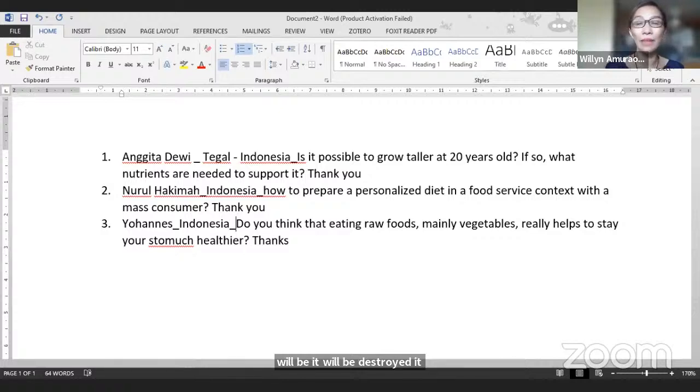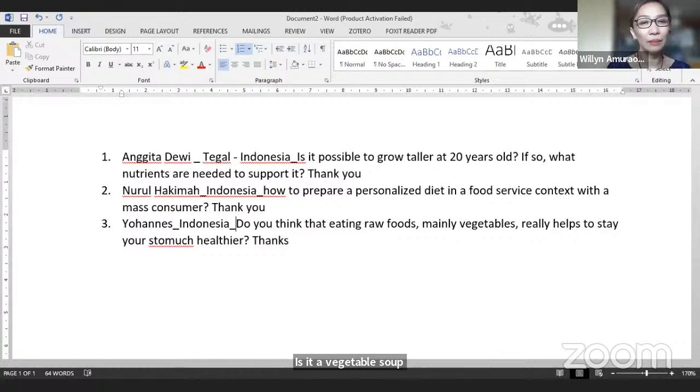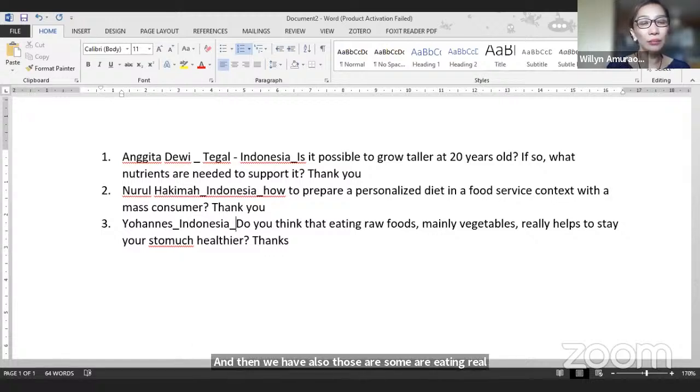I believe carrots are one. And then we have also some that are eaten raw, like cabbage. It will really affect your stomach if you eat a raw food that is not appropriate to eat. That is my answer.